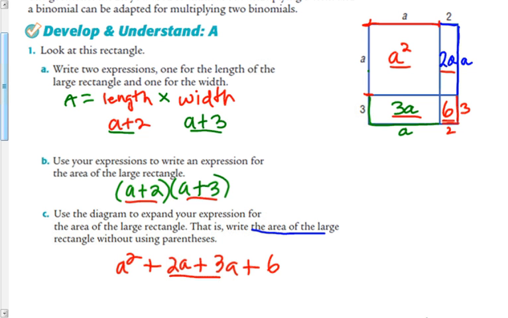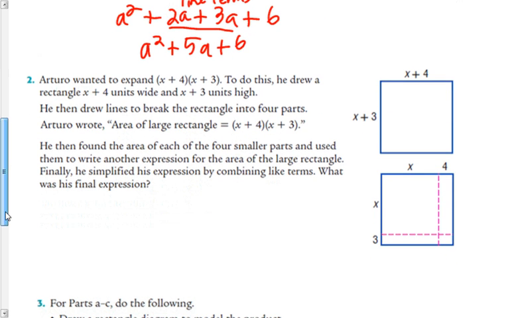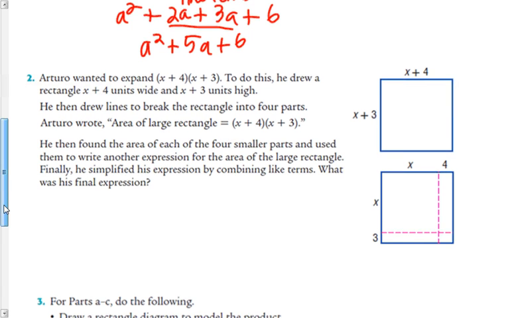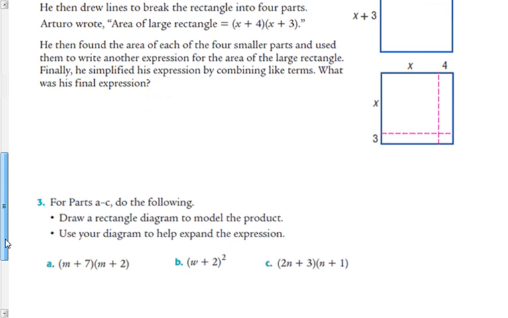And then you might notice that these two are like terms, so we can combine those, so we get a squared plus 5a plus 6. All right, let's look at another problem like that. Actually, let's go to the next page. If you want to try one on your own, go ahead and do number 2.